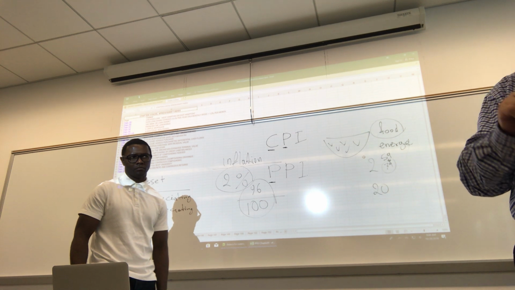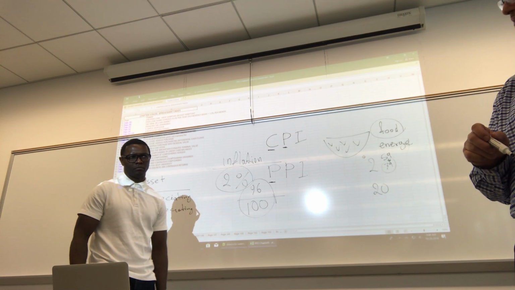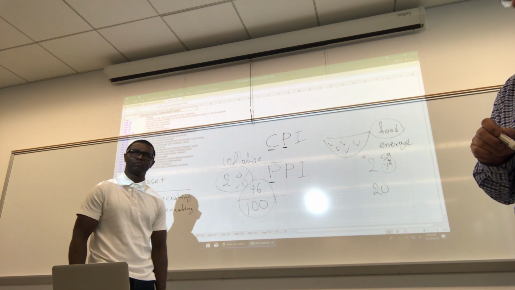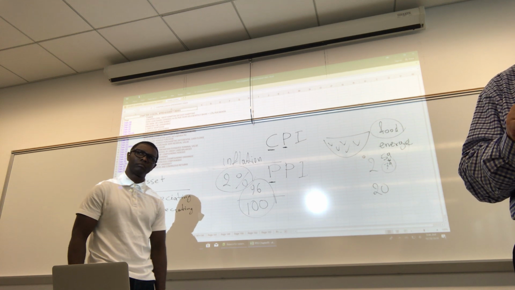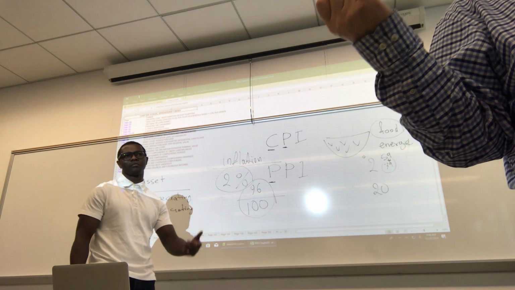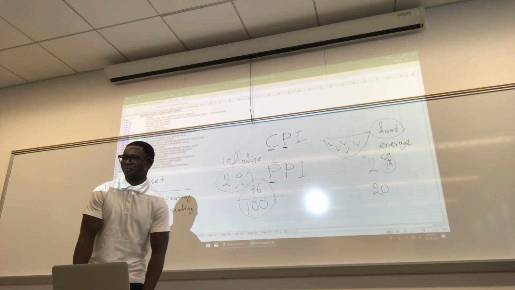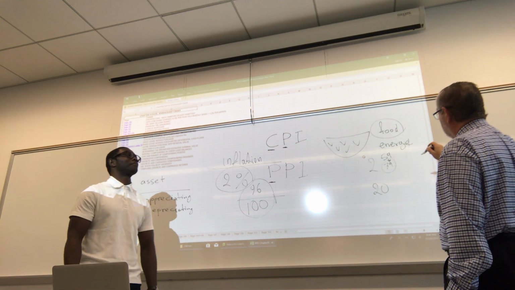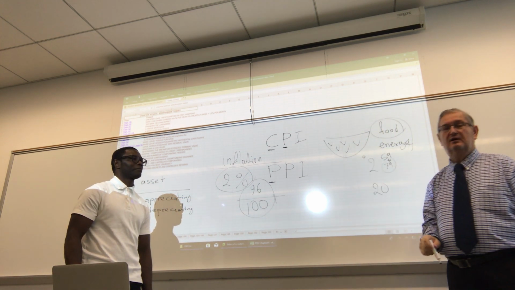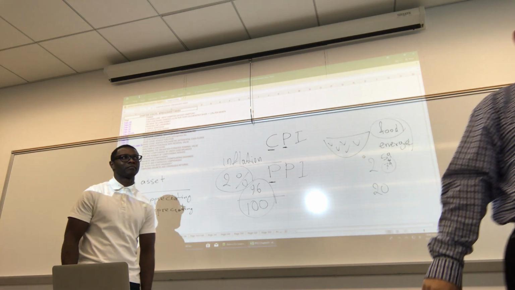Which is the measurement that we use at the Fed? Did you find it? No, he said core inflation. What is core inflation? Core inflation is when you take out the food and the energy. What is the index that the Fed is using?